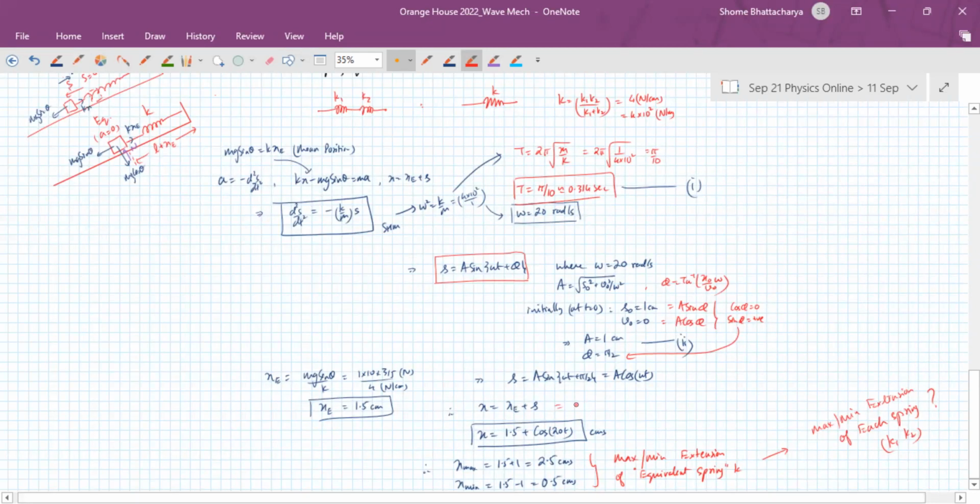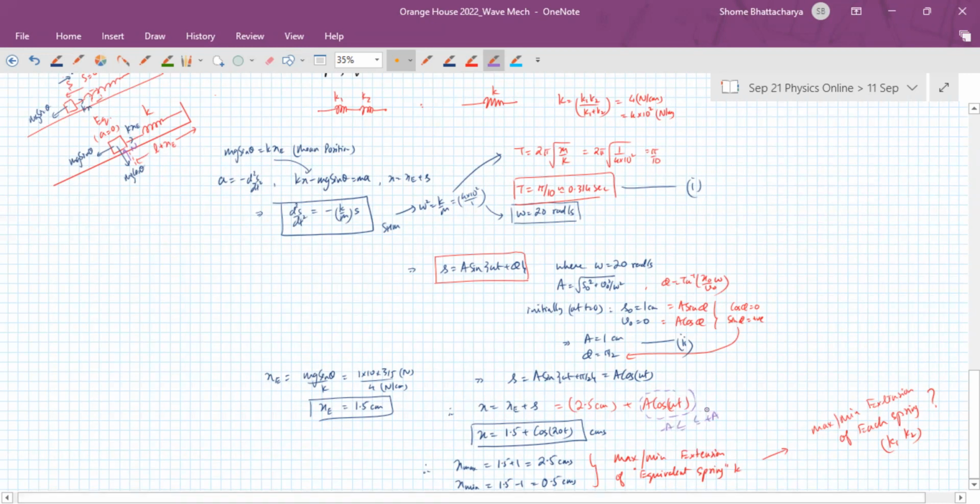See, this is 2.5 centimeters plus a cos omega t, na? Now this term a cos omega t, it has a maximum value of how much? It ranges between plus a to minus a, na? Understood, na?